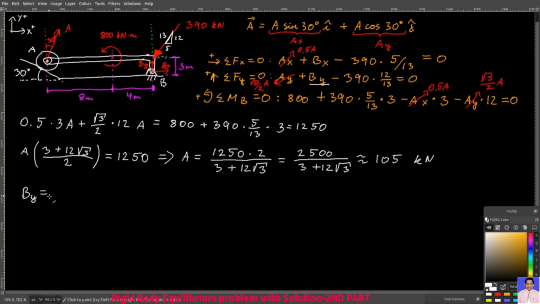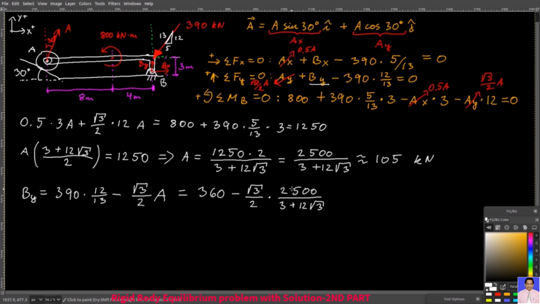And now, I'm going to take the second equation, and I will find By like this. By equals all this, you have A here, but you already know your A, so in the end this is your By. You can cancel this 2 here, and write here 1250, and so you will have approximately 269 kilonewtons. Finally, we'll take the first equation to find Bx.